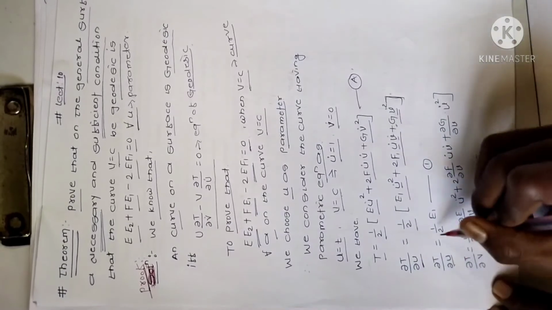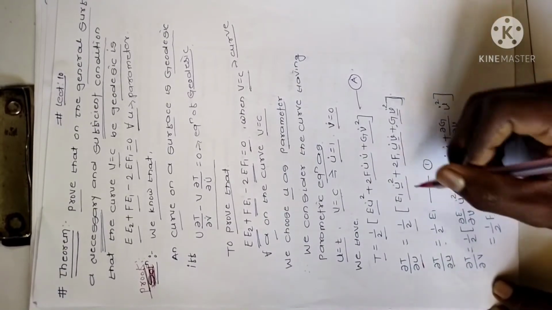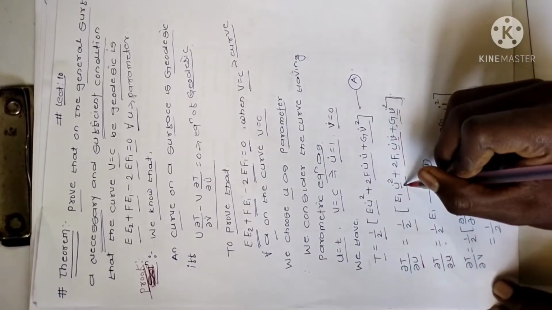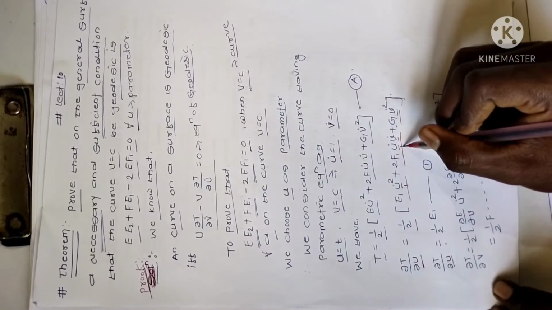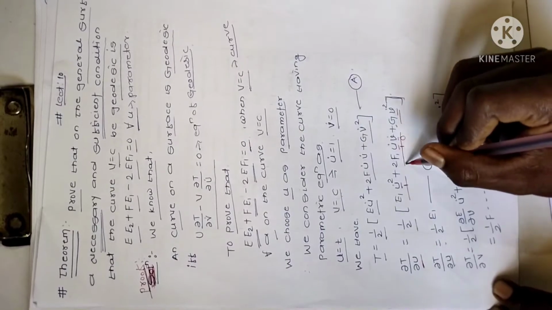So ∂T/∂u is equal to 1/2 as it is. The value of u dot is 1 and v dot is 0, so the other terms are 0. Only 1/2 remains, and u dot squared is 1, so ∂T/∂u is 1/2 E1.